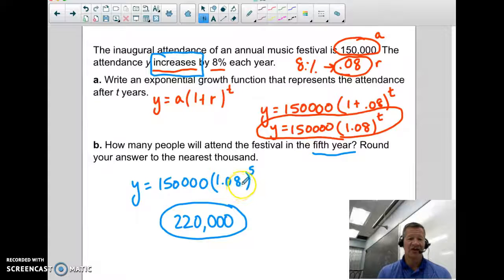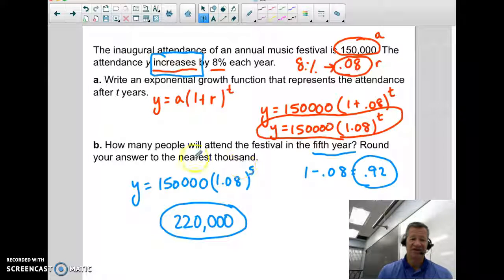You have to multiply by higher than 100% in order for it to grow. If it had decreased by 8%, 1 minus 0.08 would have been 0.92, which is 92%. That means it starts at 150,000, multiplied by 92%, it would have gotten smaller. So make sure you're aware of that. Good luck on this first lesson, and I hope you could understand that.